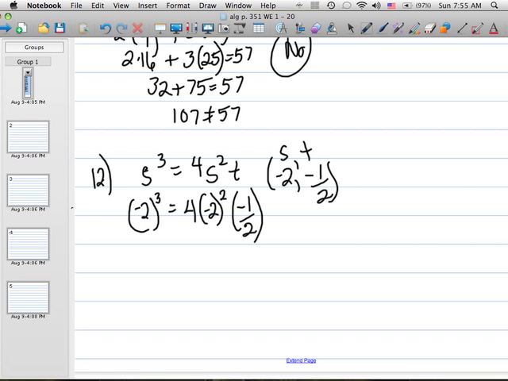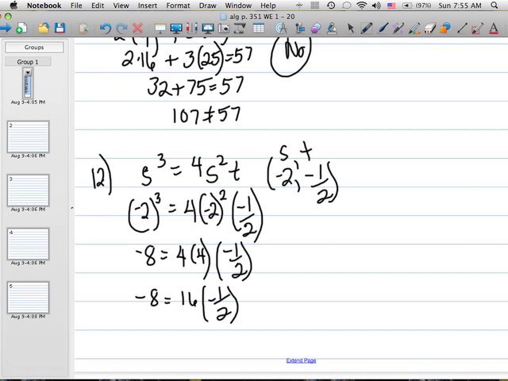Negative 2 cubed is negative 2 times negative 2, which is positive 4, times the negative 2, which is negative 8. Negative 2 squared is 4. And then we have it times negative 1/2. So we have negative 8 equals 16 times negative 1/2. This goes in 8 times, so we get negative 8 equals negative 8, since that sign was negative. So this one works.